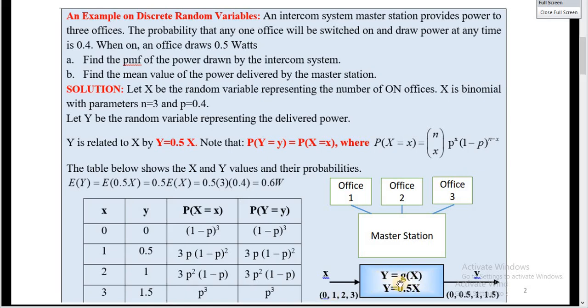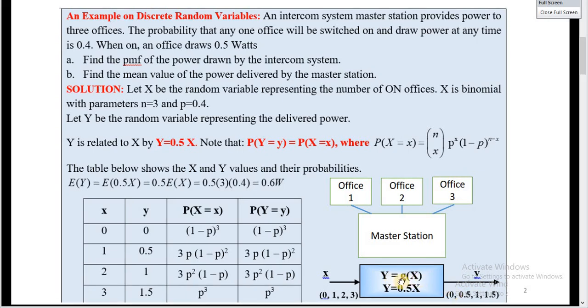So the whole idea behind this kind of transformation is that we are given a random variable x with a known probability mass function, and we are given some transformation function y equal g of x, and the objective is to find the values of y along with their associated probabilities.